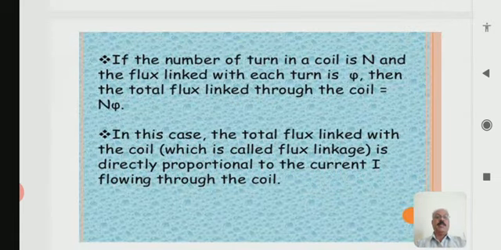If the number of turns of the coil is n and the flux linked with each turn is phi, then the total flux linked through the coil is equal to n phi. In this case, the total flux linked with the coil is directly proportional to the current I flowing through the coil.